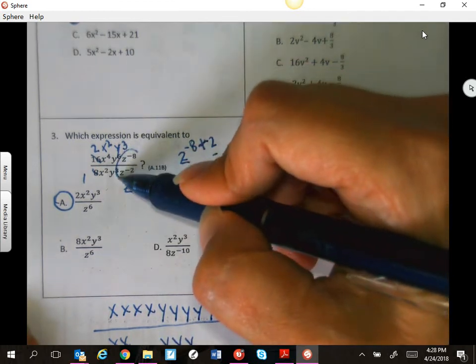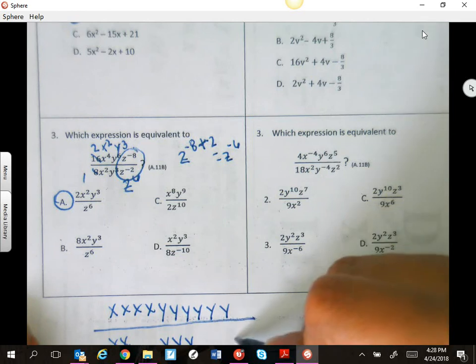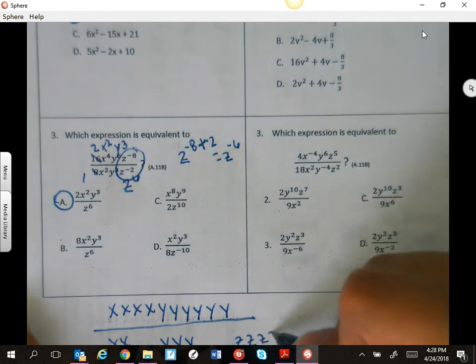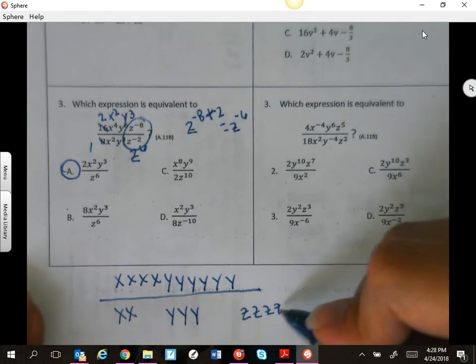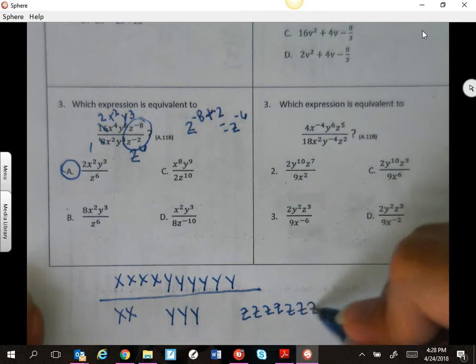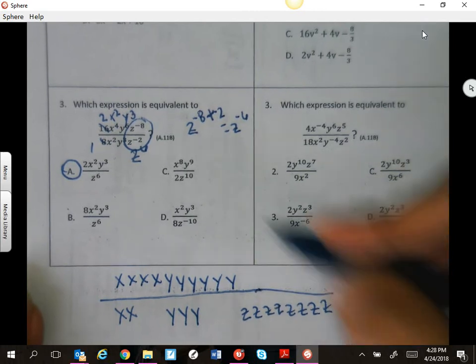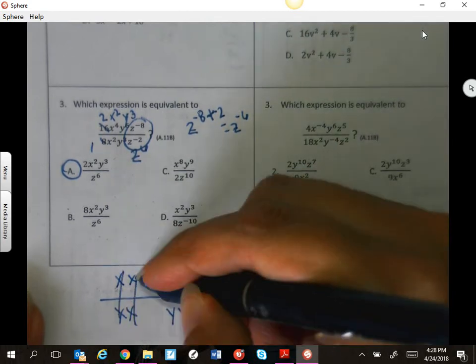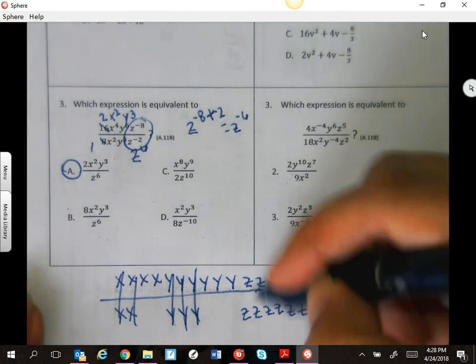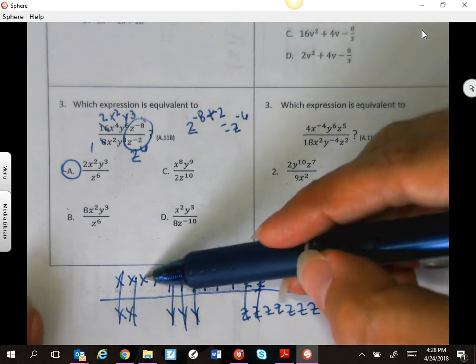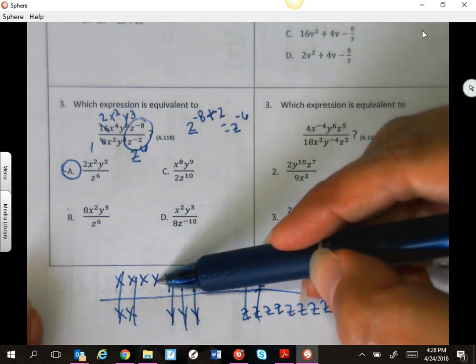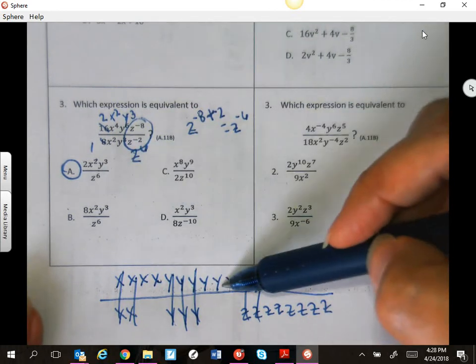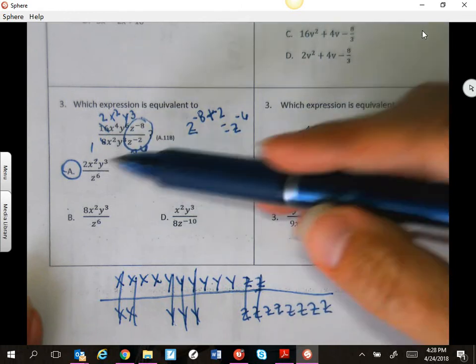You need to realize that if it's negative, it actually goes in the bottom. 4, 5, 6, 7, 8. And if it's a negative in the bottom, it actually goes in the top. So I can cross all of these out, and I can see I have 2 x's left, 3 y's, and then I have 6 z's on the bottom.